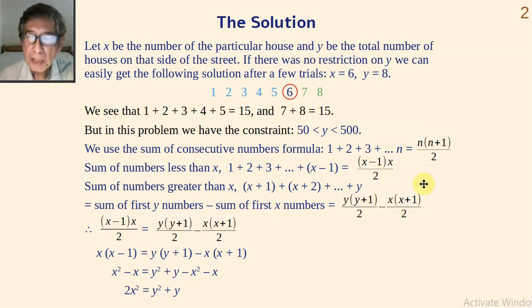So using the formula twice, we get this. So therefore, you have this equation. Multiply by 2, we get this. And then simplifying the equation, we finally get this: 2x squared equals y squared plus y.